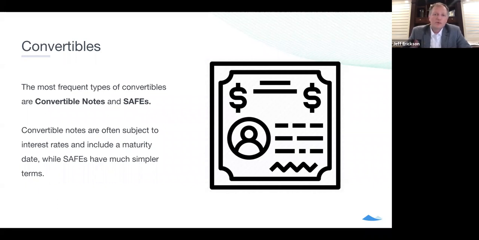I just want a 20% discount, for example, on the next price round, then I would get that benefit of that discount because I'm putting some early money in and I want a benefit for being early to the game. So I would typically do a convertible note or a SAFE and convert that into shares at a later date when the company raises its next round of financing. So that's the concept of a convertible instrument.